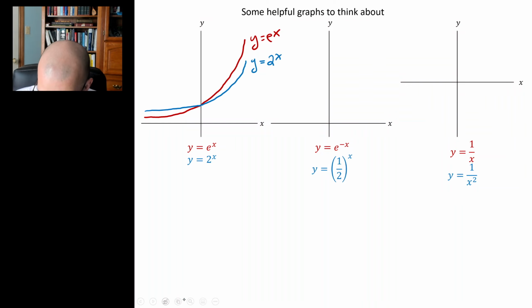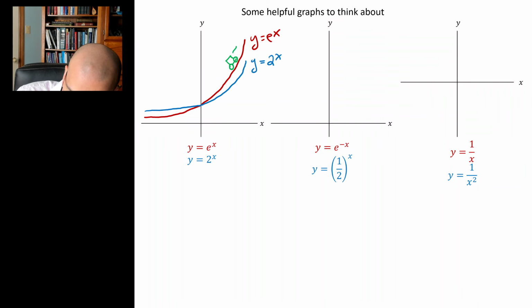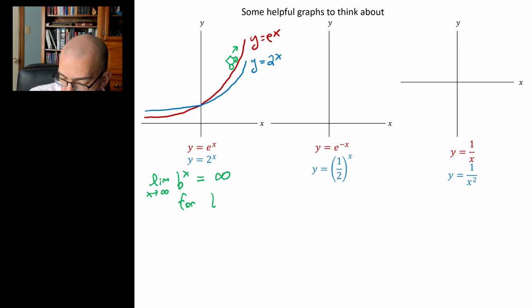And limits to infinity, you can imagine taking a math car and pushing it to the right. So the limit as x approaches infinity of b to the x is going to be infinity for b larger than 1.